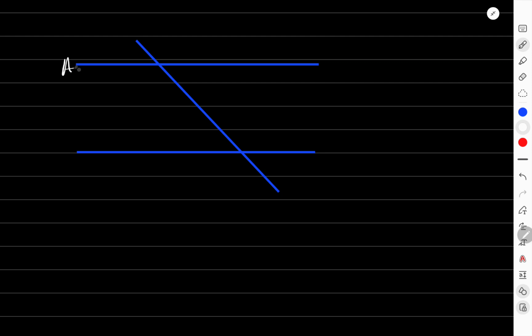I have A, B, C, D, E, F. I have angle A here, and I have angle B here. I'm given 150 degrees. I'm required to calculate the unknown angle, which in this case is A.